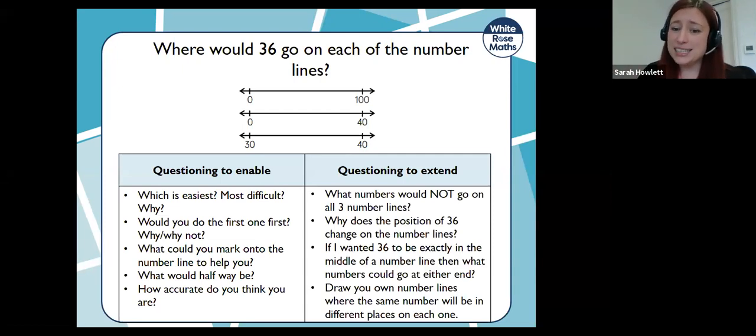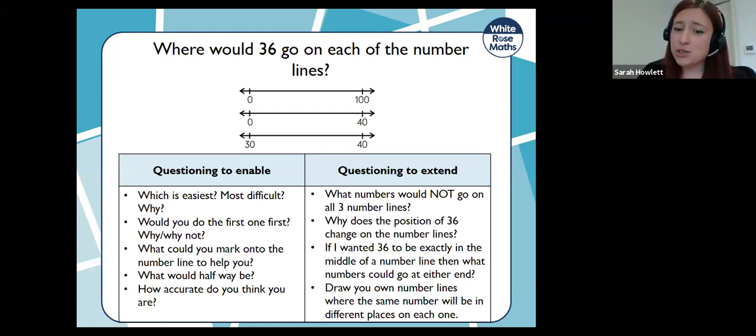If we're thinking about extending, it's quite interesting to get the children to think about some of these ideas and have that discussion with each other around, well, if we were to draw our number lines and we're putting the same number on each of those number lines, how could yours be different to mine? So they could have a comparison.